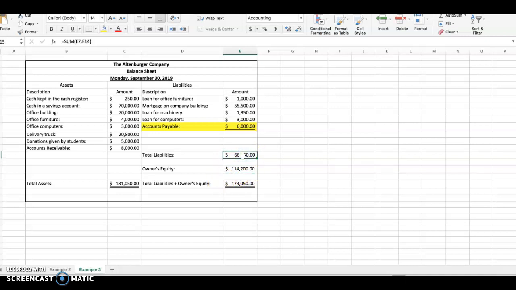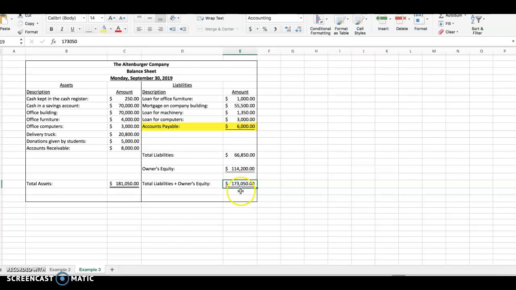We subtract total liabilities from total assets, and now owner's equity is down to $114,200. Add up these two, and the total is the same on both sides. Whoops, it should be. It's not. It should be because I didn't change this down here from the previous example.